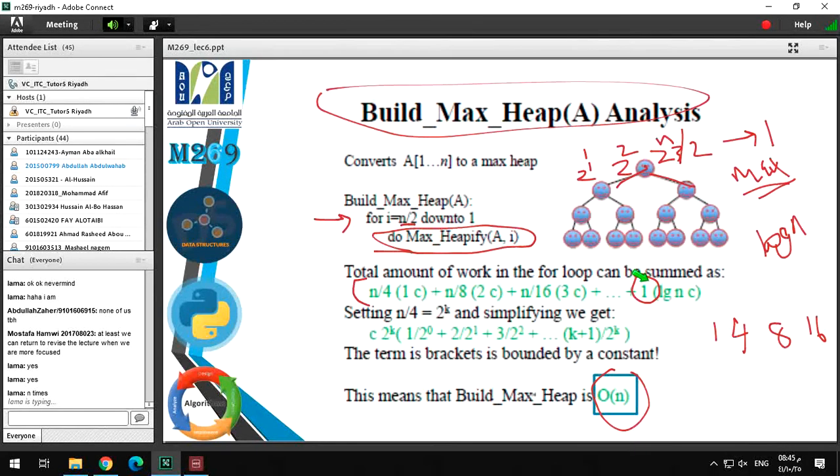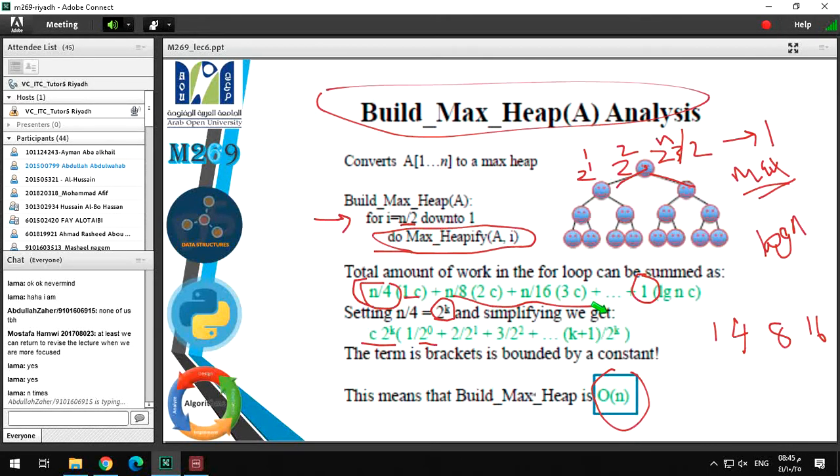So by doing this mathematical equation, we assume that n divided by 4 is equal to 2 to the power k, then replace 2 to the power k by n. So we have c, which is of course multiplied by 1, 2 to the power 0, plus, just replace it here.